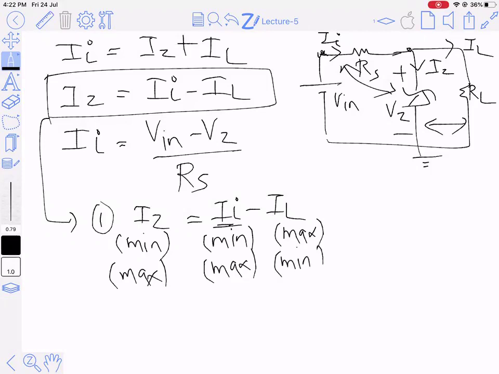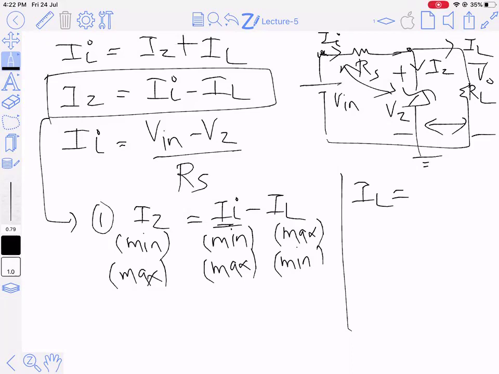How can I write IL in terms of voltage and resistance? This current IL is flowing through RL. The voltage is V naught.